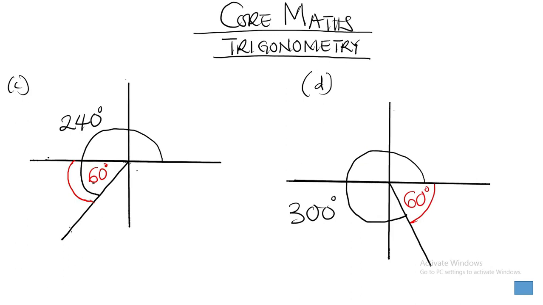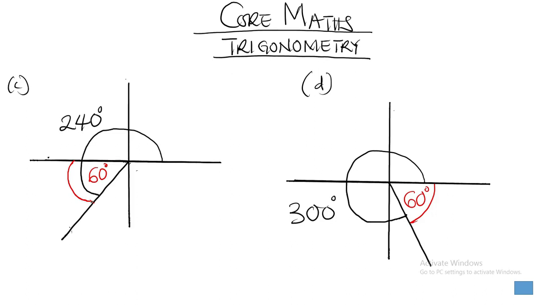Then for C, the principal angle is 240 degrees. Now the reference angle is the acute angle between the terminal side and the x-axis. So here the acute angle is 60 degrees. We get the 60 degrees by subtracting 180 from the principal angle, because when you add 60 to 180, you get 240.